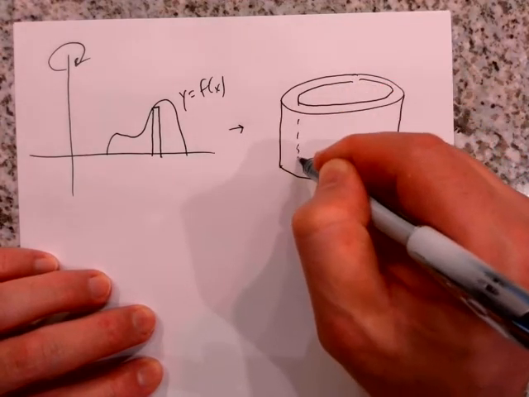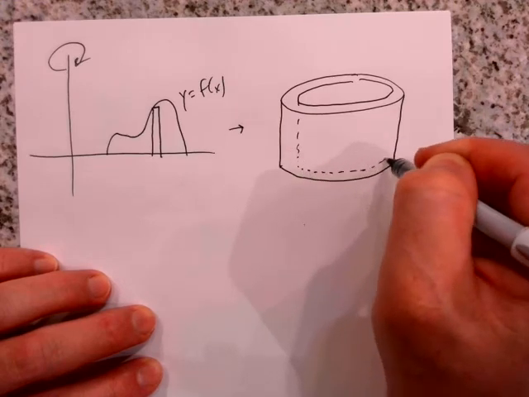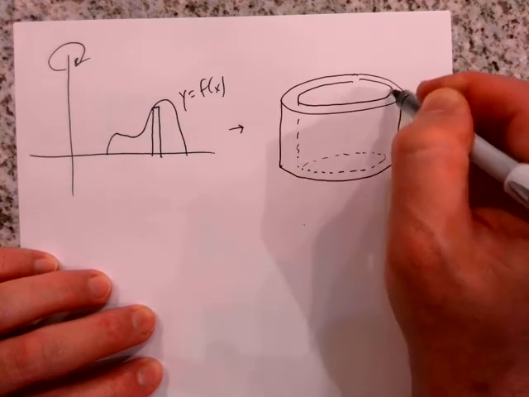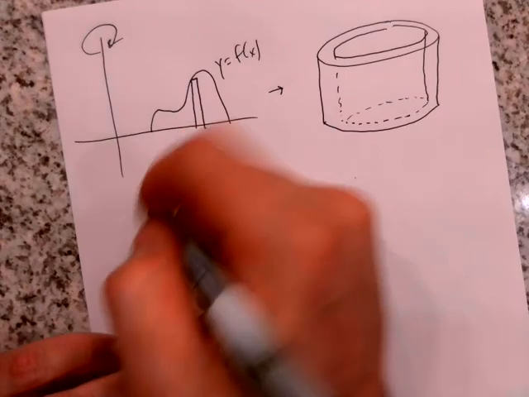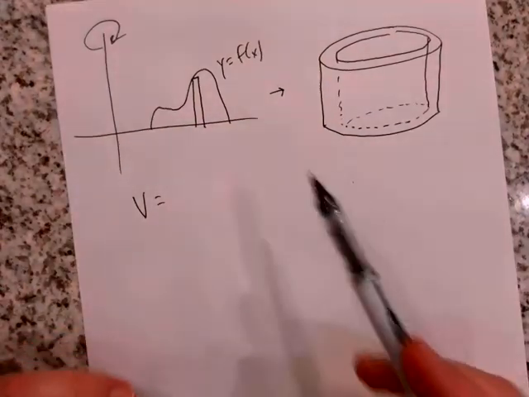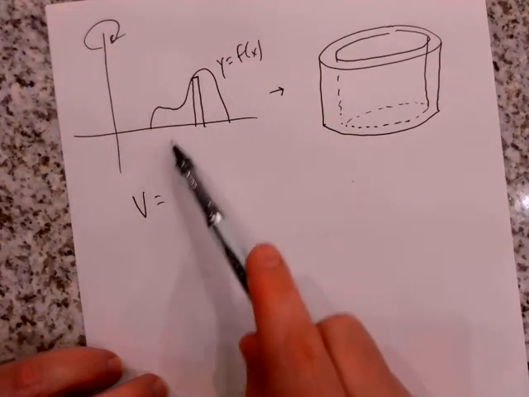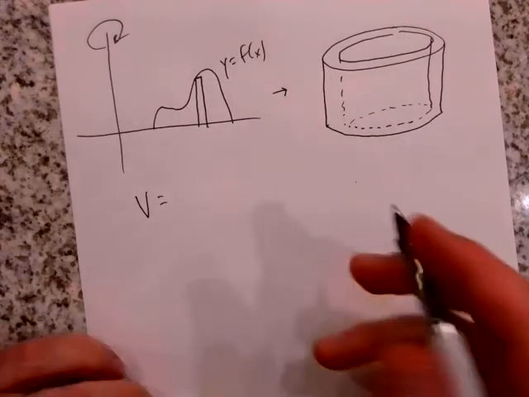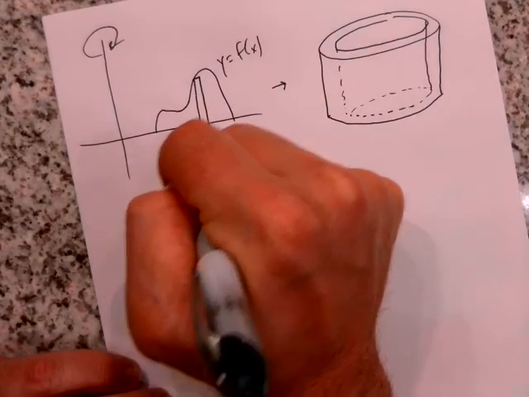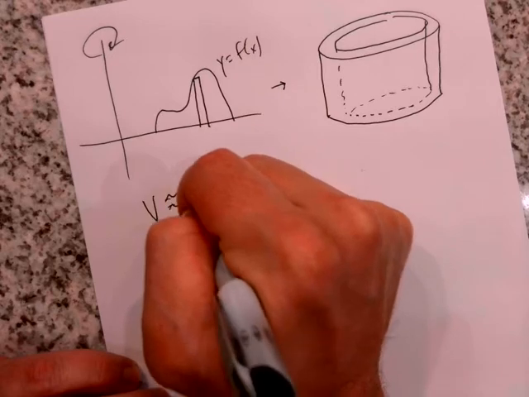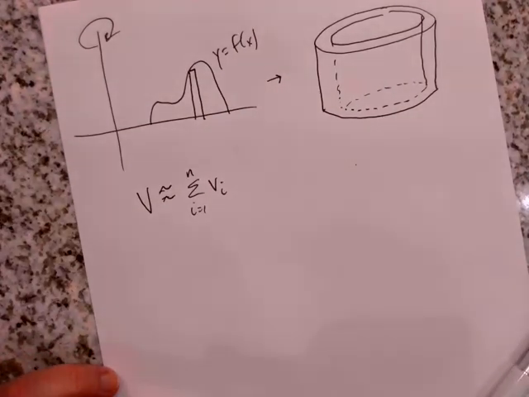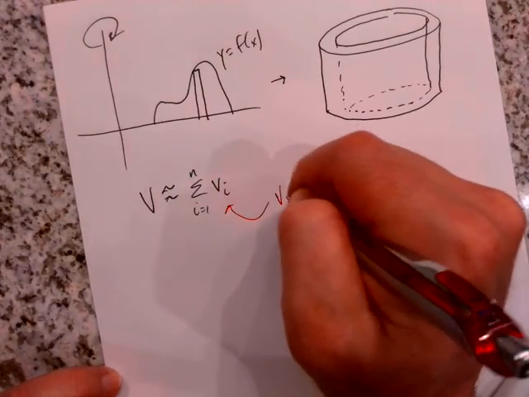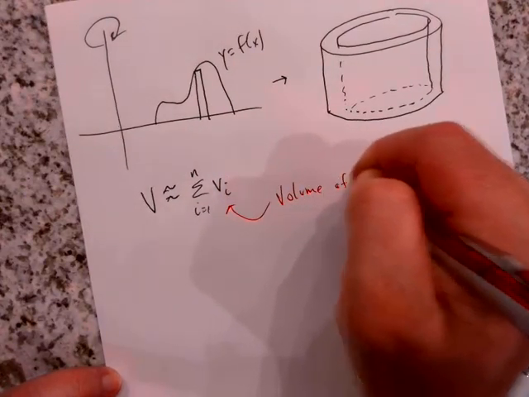And it starts off kind of being similar to the washer method, because the washer method also had a cylinder in a cylinder. And so our total volume of the solid that we're trying to figure out, the solid formed by rotating this region about the vertical axis, is approximately the sum from 1 to n of v sub i, where v sub i is the volume of the ith shell.